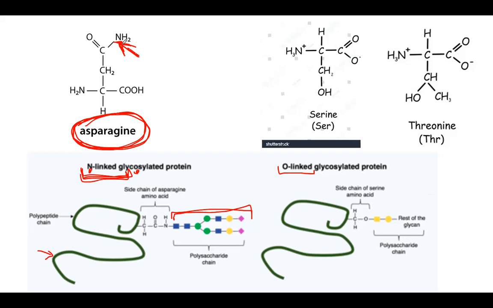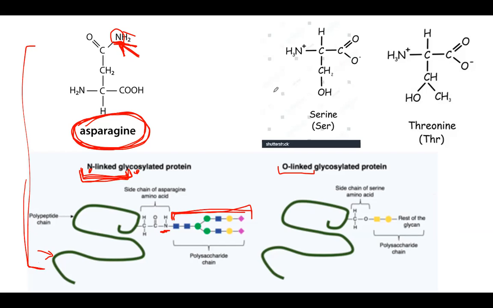Attached to this nitrogen is going to be a sugar. You can see the nitrogen over here, and the sugar over here. So the sugar specifically attaches to the nitrogen of asparagine. Okay, that's it for N-linked glycosylation.